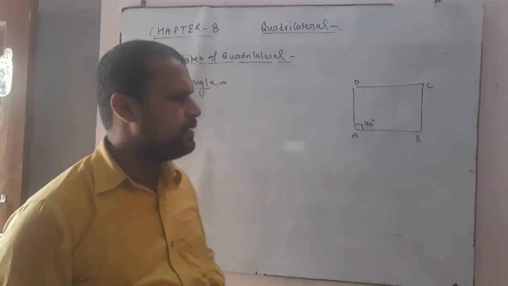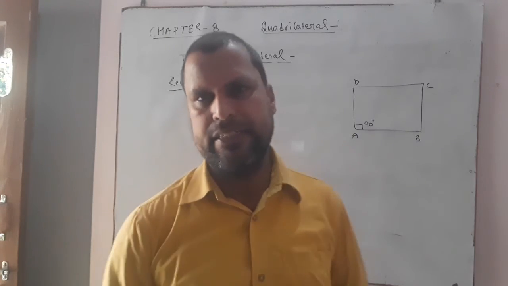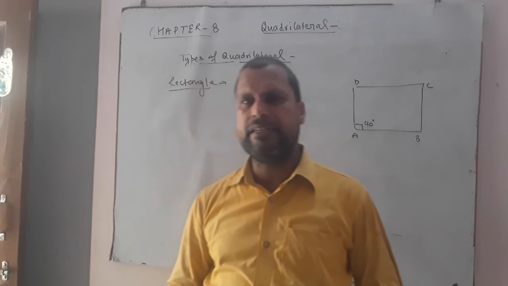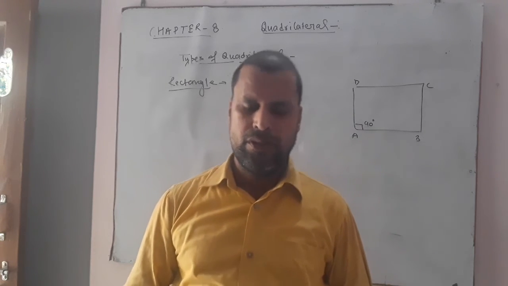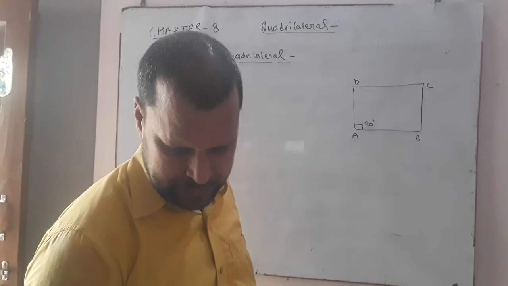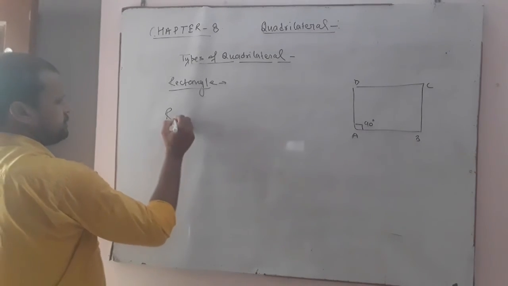In a parallelogram, if at least one angle is 90 degrees, it is called a rectangle. It means a rectangle is a special case of the parallelogram. Okay? After that, rhombus.